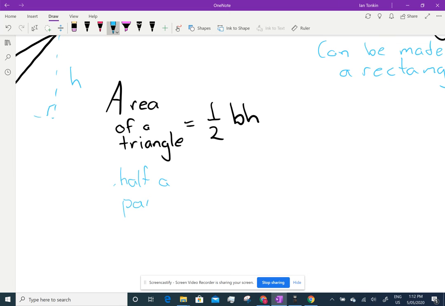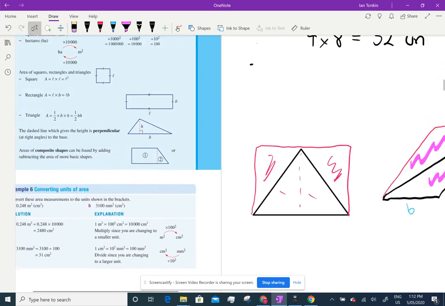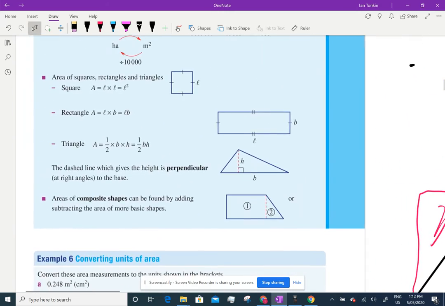Now, people will tell you that it's half a rectangle, and that is true, but it's much easier to see it as half a parallelogram, and even the formula is a half BH, which comes from the parallelogram. So over here, when you get given these three formulas, I use BH, and I use a half BH, and I don't worry about that one.